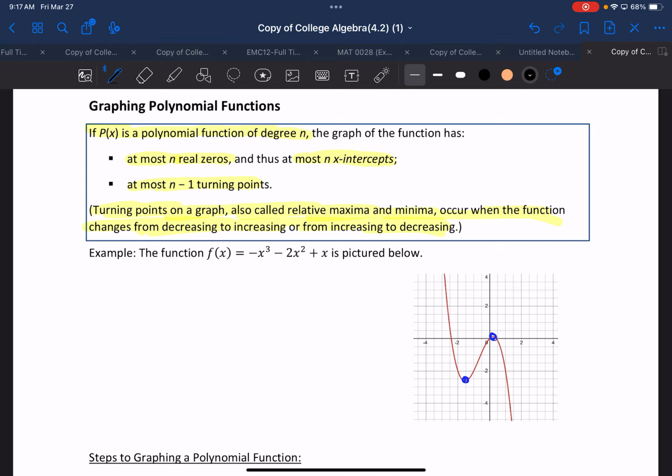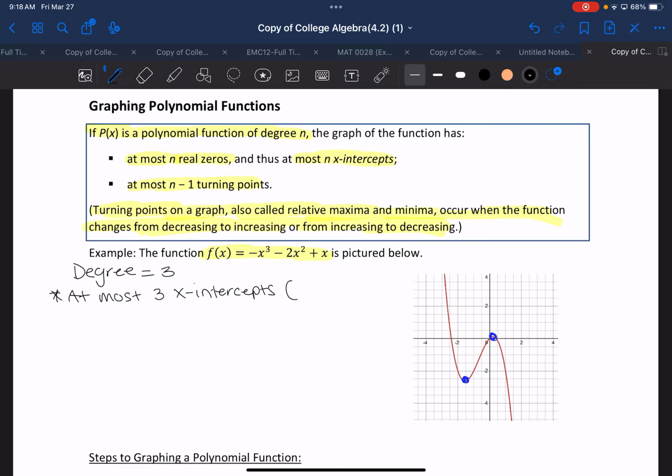So for example, in this picture that I just introduced, the function of that graph is given by the equation f of x equals negative x cubed minus 2x squared plus x. So the degree of that polynomial is equal to 3, because that's the highest exponent. Therefore, this function has at most 3 x-intercepts or zeros.